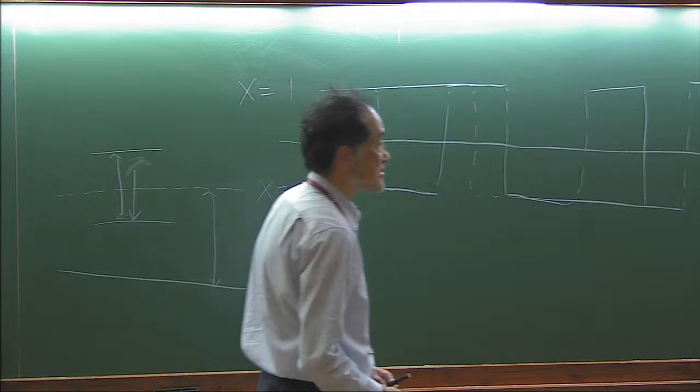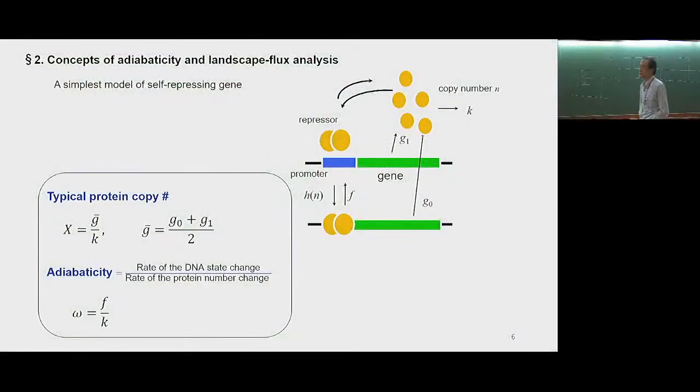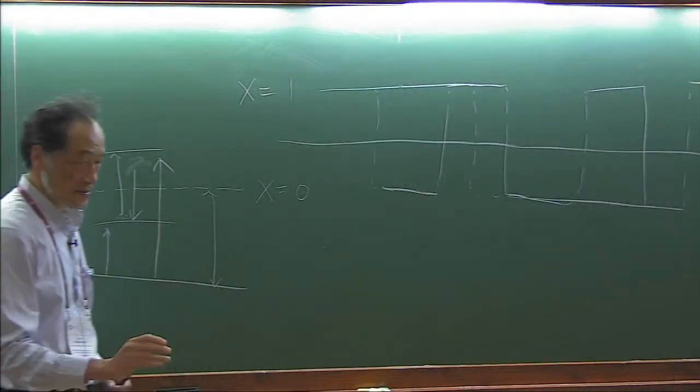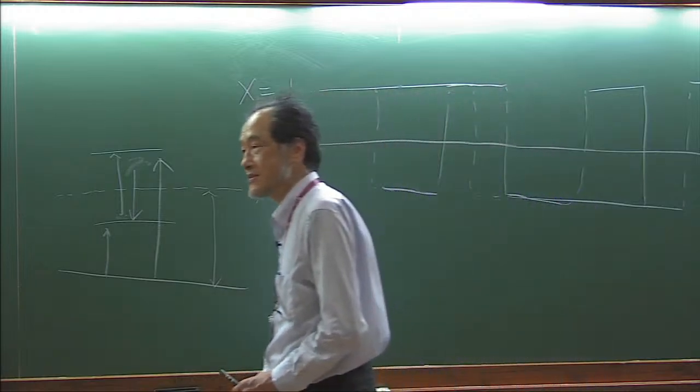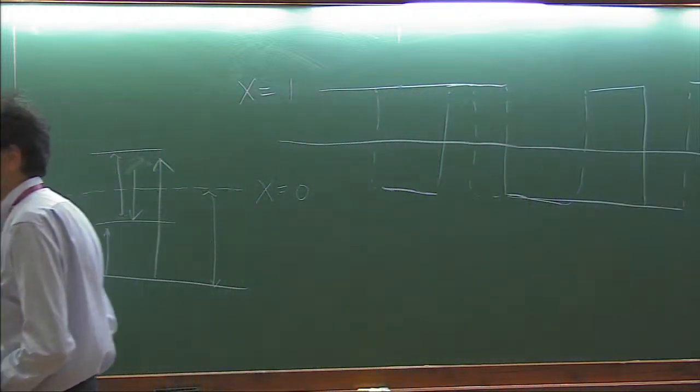So this is the adiabatic case in this terminology. But if this state change is slow, we should consider the two individual excitations. So this is the non-adiabatic limit in this case.